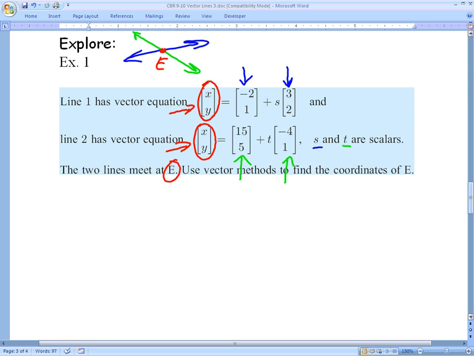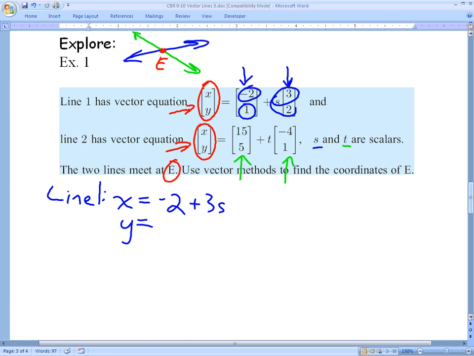So what we're going to do is break up our two equations into their parameters. For line 1, I have the following parameters. I have x equals -2 plus s times 3, or 3s. And then I also have y is equal to 1 plus 2s.